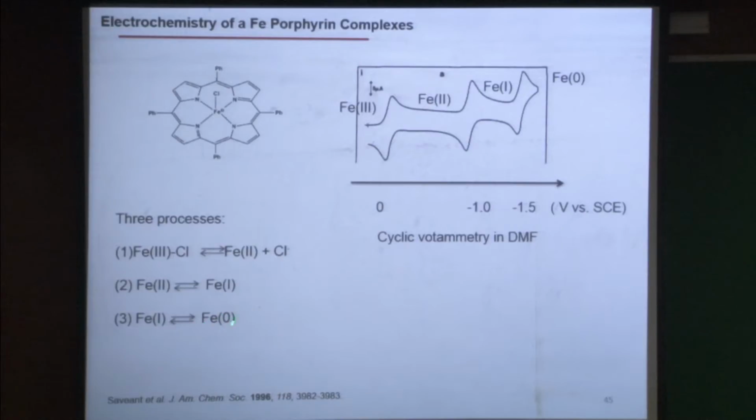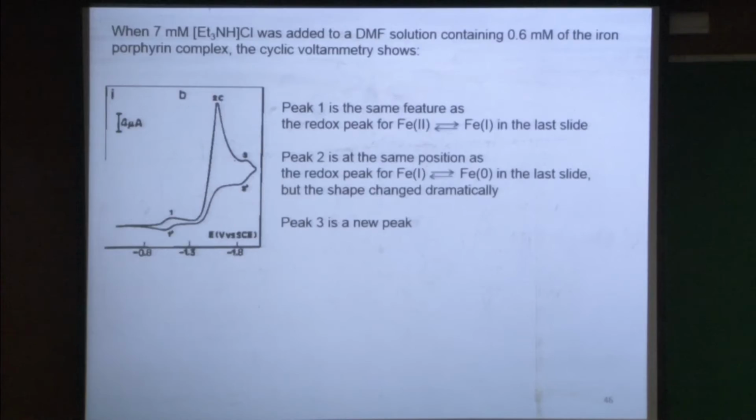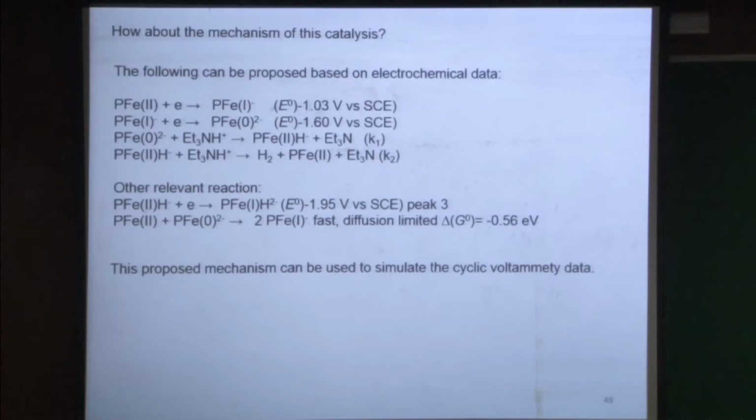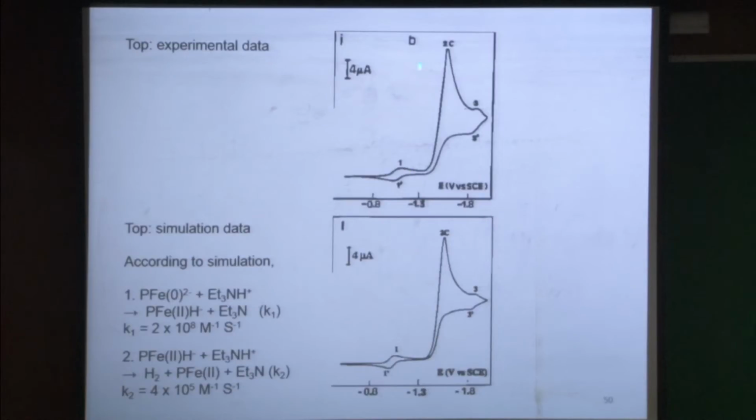Now in this peak, they see a catalytic wave. I don't know if I have an overlay. Yeah, I don't have an overlay. But they basically see this catalytic wave in the peak of iron 1 reduction to iron 0. And so that is the peak.